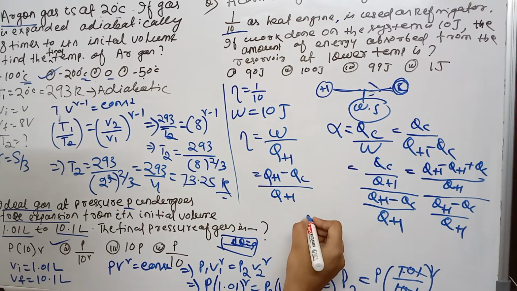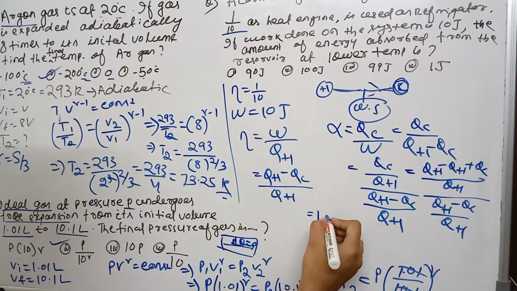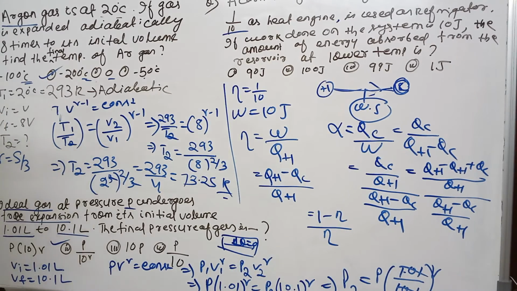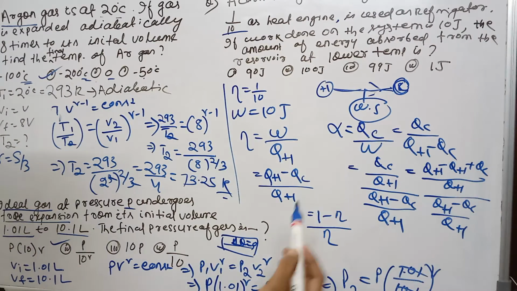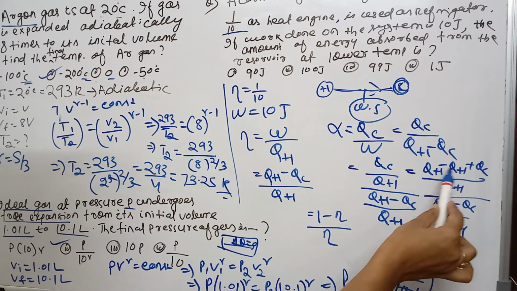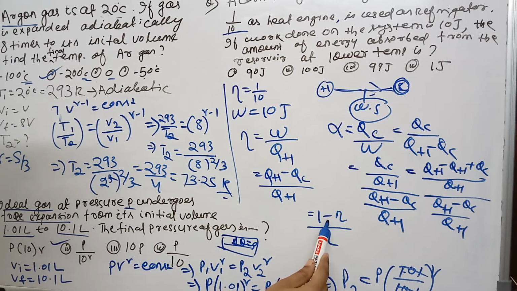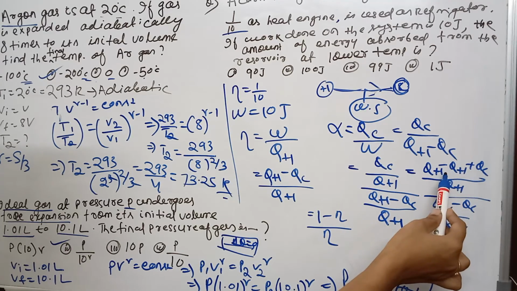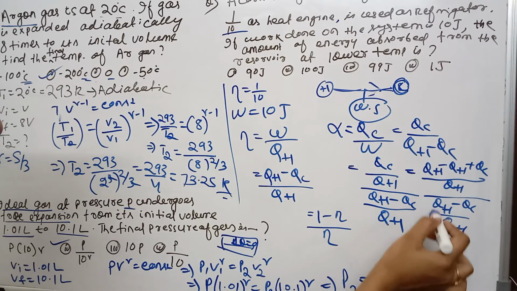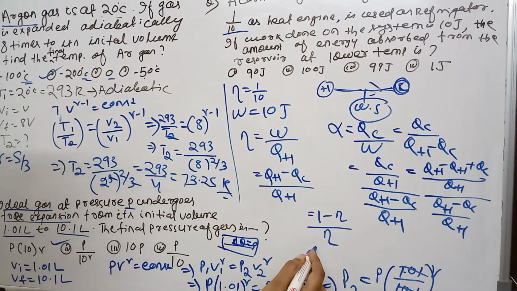So if we see, this will come as 1 minus eta divided by eta. Check whether it is correct or not. Eta is QH minus QC upon QH. Here minus QH plus QC is there, so the minus sign is given. QC minus QH upon QH, that is minus eta. QH upon QH is 1, divided by QC upon QH, that is eta.